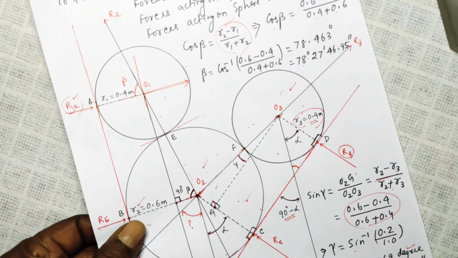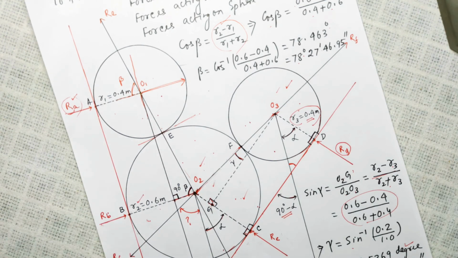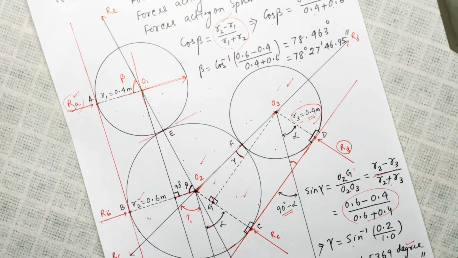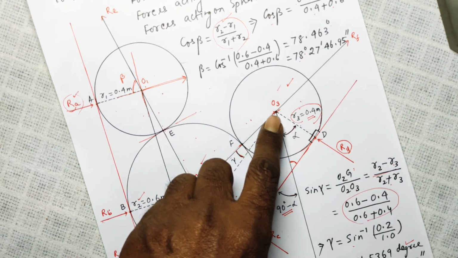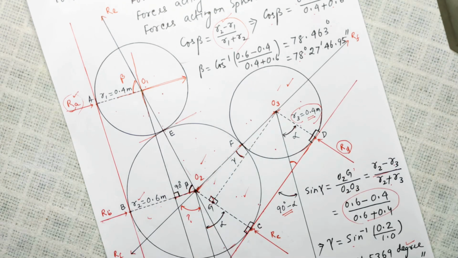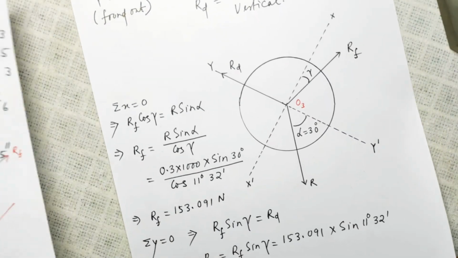That is the center of this sphere, and apply sigma x is equal to 0, sigma y is equal to 0. Little tricky here. So the free body diagram I have drawn here, taking little tricky, but still we'll be able to make it out.